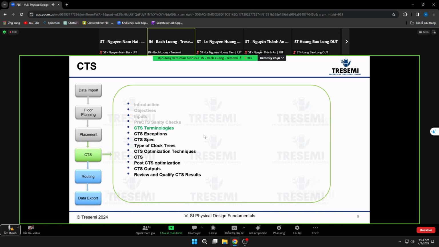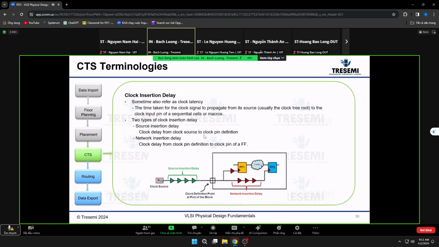Okay, so now let's discuss the CTS terminology. There are quite a few terms that we need to learn. The first thing, which is very important, is the clock insertion delay. So what exactly is the clock insertion delay? You learned about the delay on the signal net, right? The clock insertion delay is similar to the gate delay or net delay on the signal, but this is on clock nets.